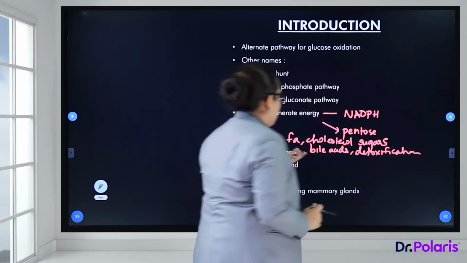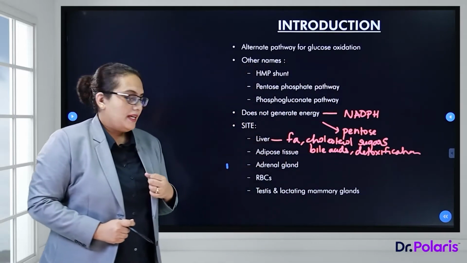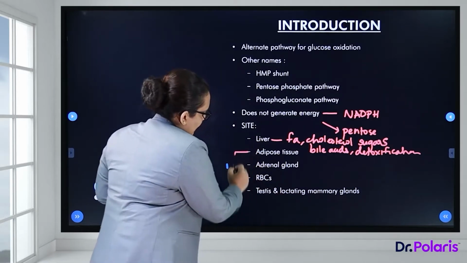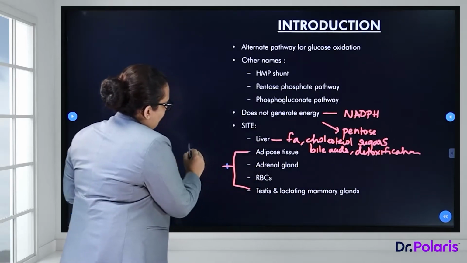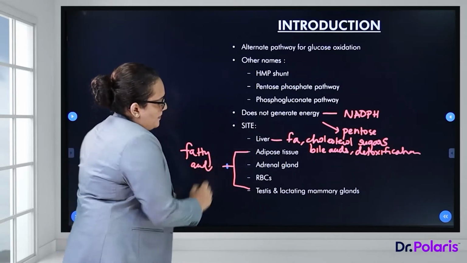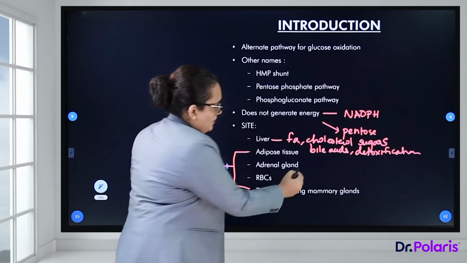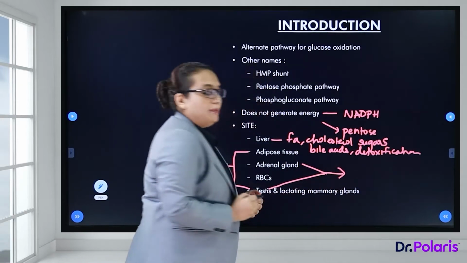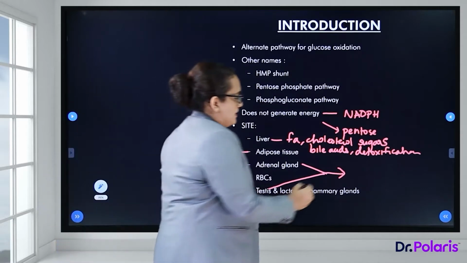So these are all the processes in the liver which utilizes NADPH. Likewise, we have adipose tissue and the lactating mammary glands. These two require NADPH mainly for fatty acid synthesis. And then we have adrenal gland and the testis, which require NADPH for steroid hormone synthesis.